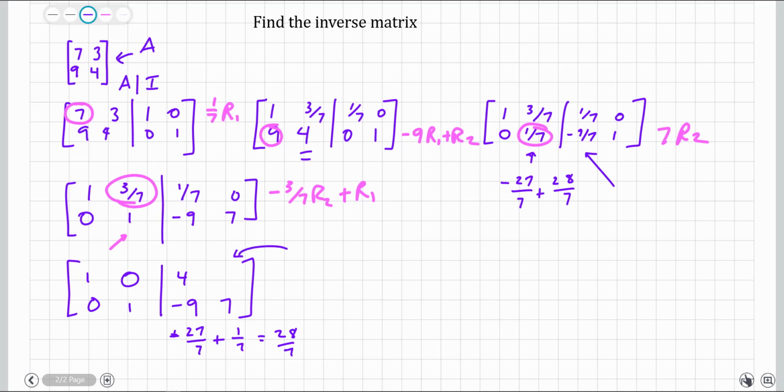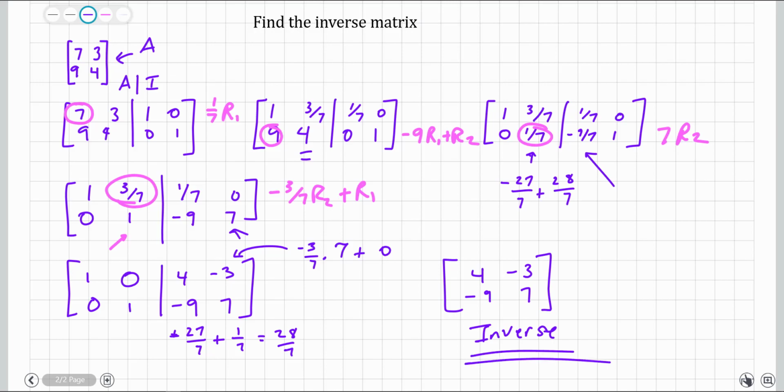And then finally this last piece would be the -3/7 times 7 plus what is there, and I get -3. Therefore, this would be our inverse matrix. If you don't believe it, you saw from the last video how you could actually check it to see if that's the inverse matrix.